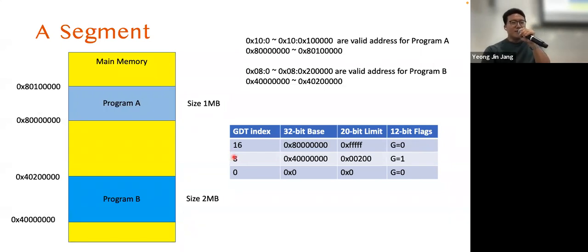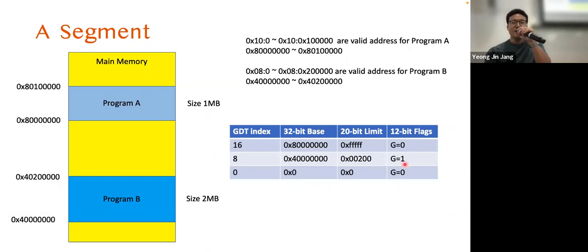And for program B, we can define the global descriptor table with the base address as the base address of program B. We need to access 2 megabytes for this program because the end address is this base plus 2 megabytes. To indicate that, 2 megabytes needs 21 bits for the limit address, and we cannot put 21 bits.